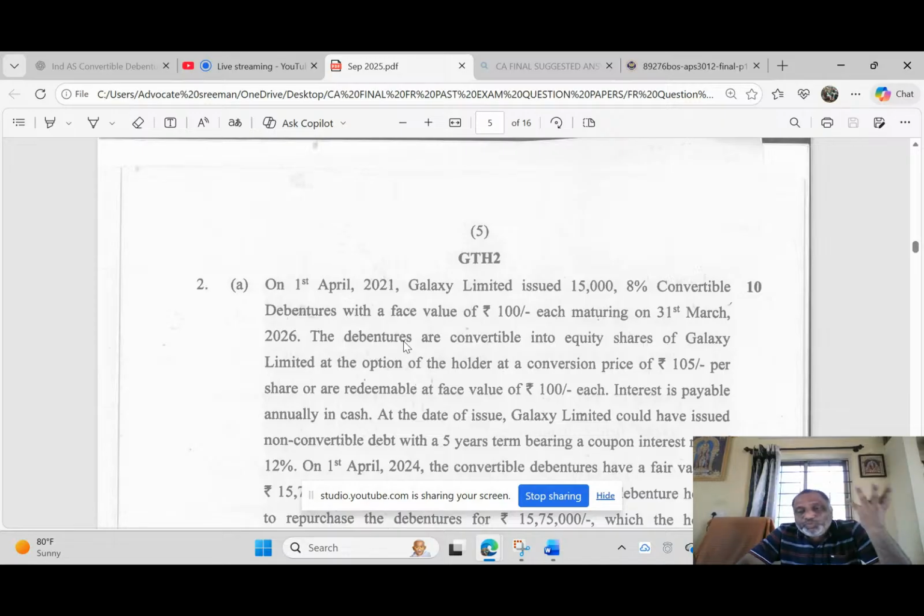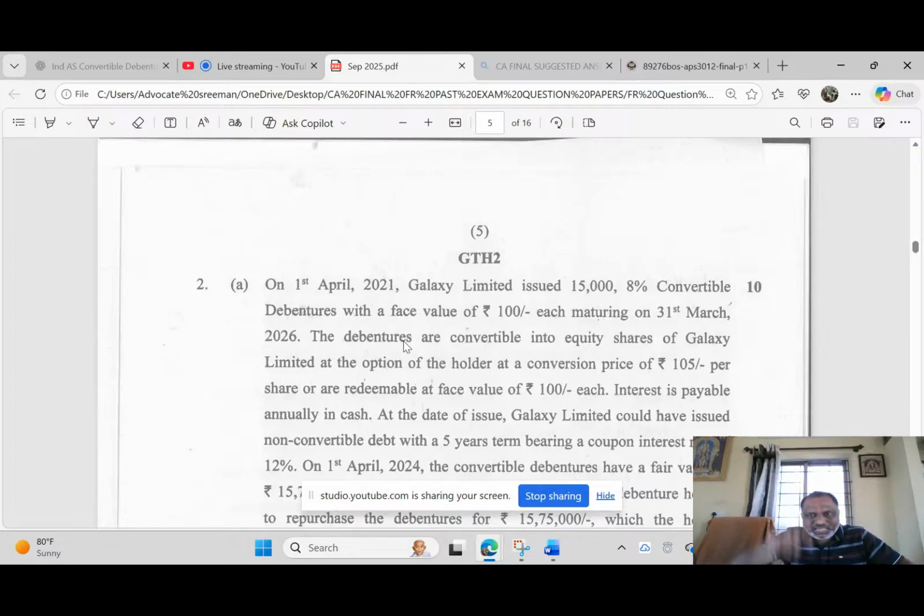What about the principal component? The principal component, this 15 lakhs, will be due at the end of the fifth year. 2026 is when it is going to mature, right?